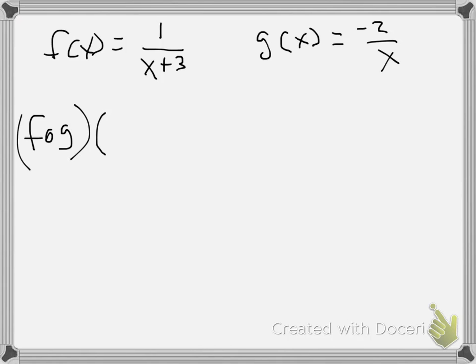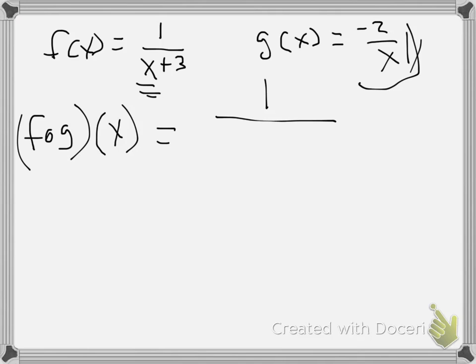Now, if I asked you to find f of g of x, we would go 1 over, but now where we have that x, we're going to put what g is equal to. So we'd have negative 2 over x plus 3. Okay. And for me, you can leave it just like that. You don't need to get rid of that fraction in the denominator.